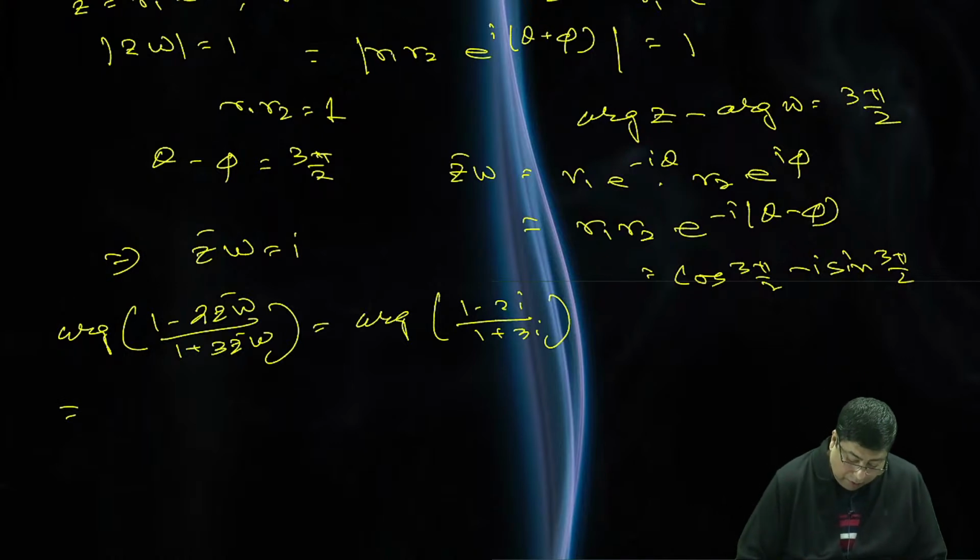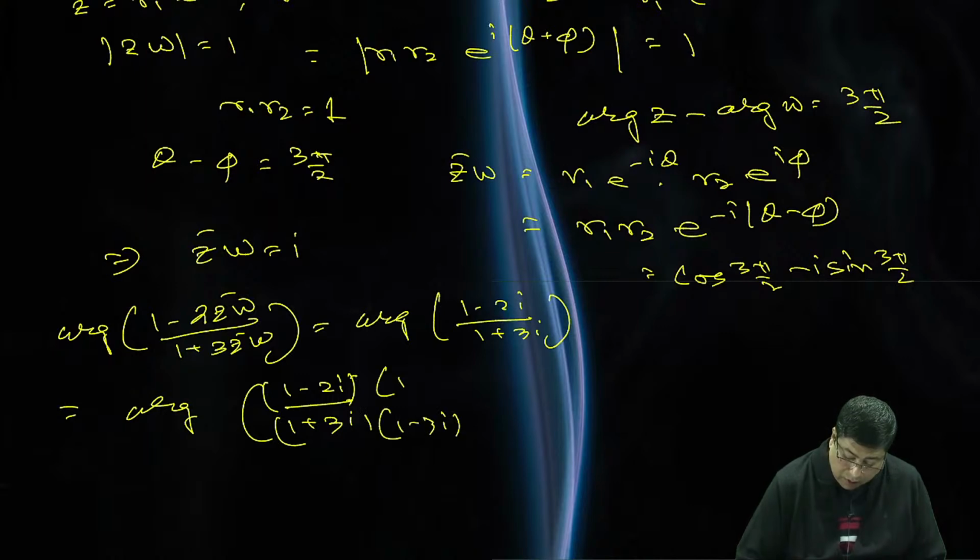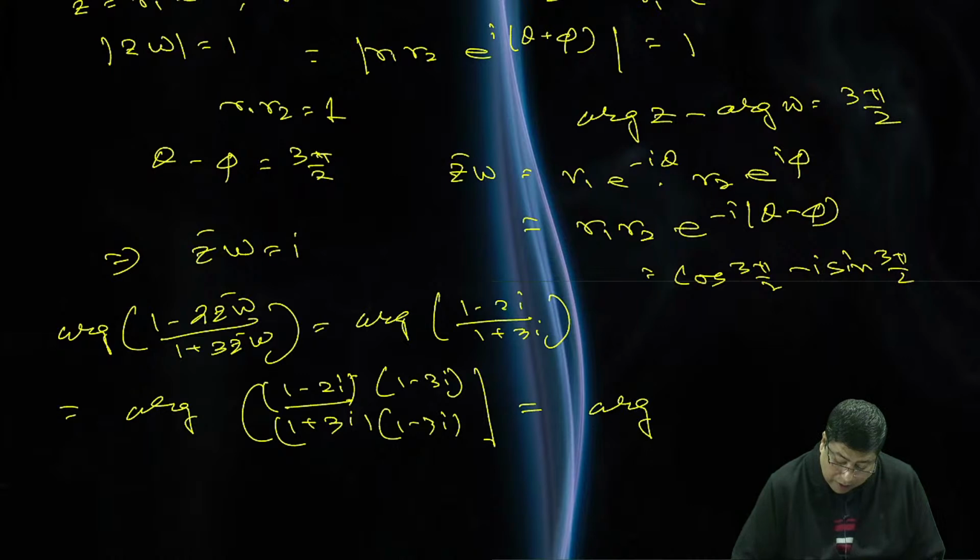So if we rationalize, we multiply numerator and denominator by 1 minus 3i. We are getting a square minus b square in the denominator, and if we calculate, we are getting minus 1 minus i, 8 and 4 getting cancelled. So minus half into 1 plus i.